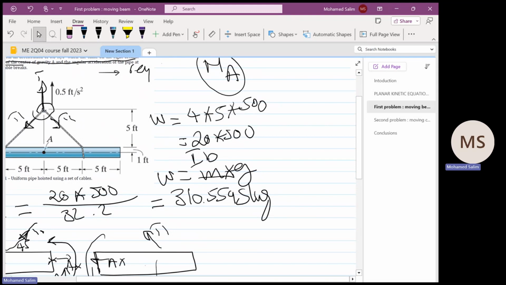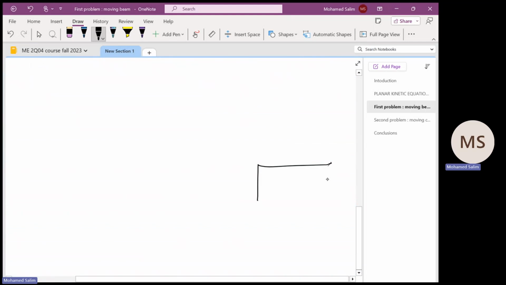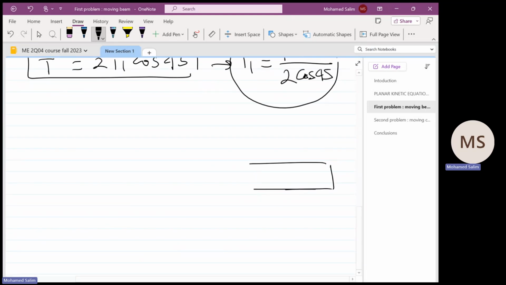Again, how to calculate T, the total T in the beam. So we calculate the internal forces at point A, and we see now the beam as one rigid body. So this is your beam. This is T, total T, and this will be your weight.